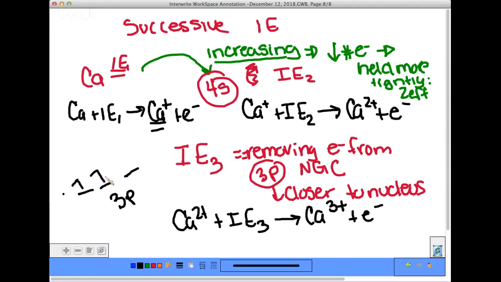You want to remember, according to Hund's rule, that each orbital needs to have 1 electron before you pair up the other ones. You don't need to know it by name, like, Hund's rule says blah, blah, blah. But you do need to know how to apply it. So you do need to know that we would not have this configuration. We would have this configuration. So again, you don't have to know them by name, but know how to apply them.